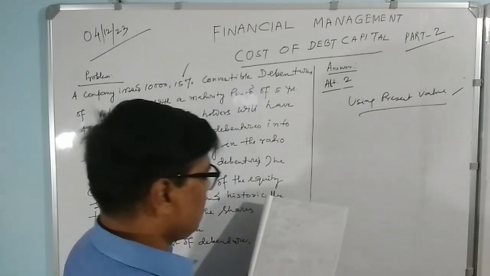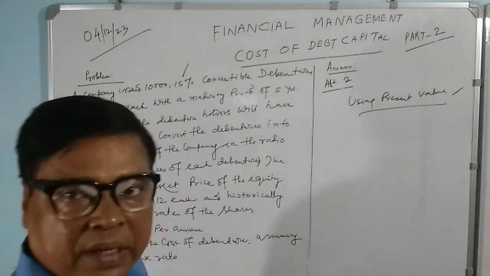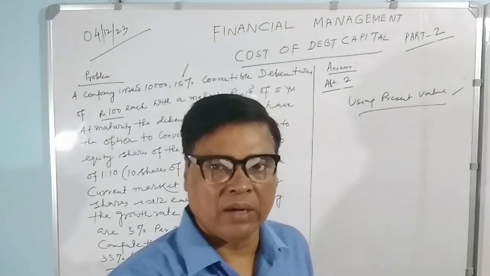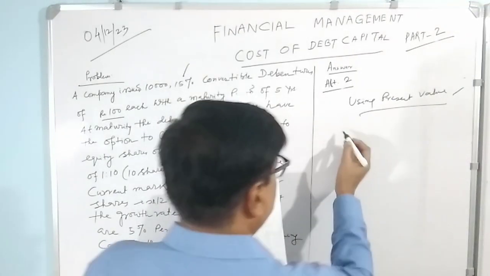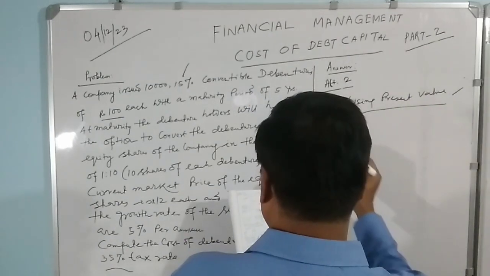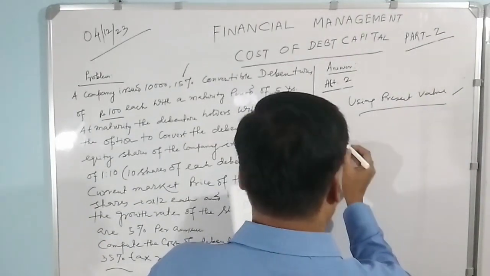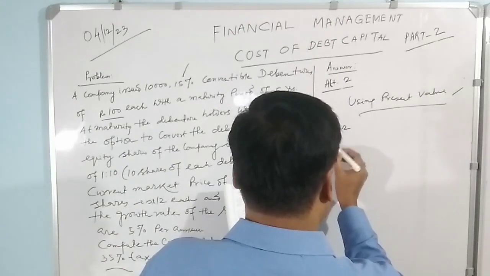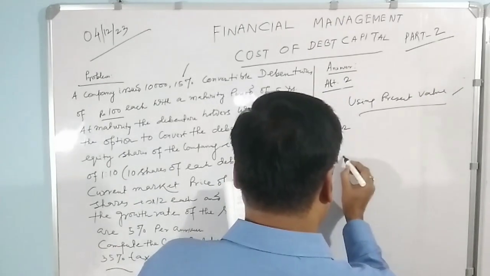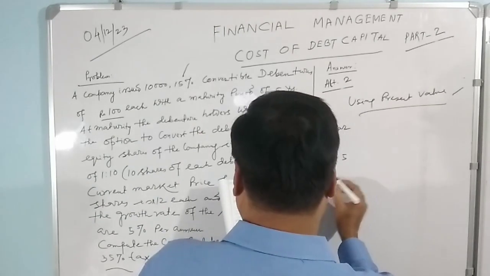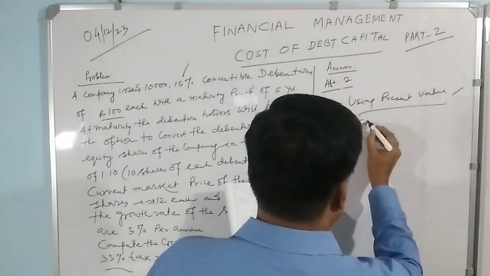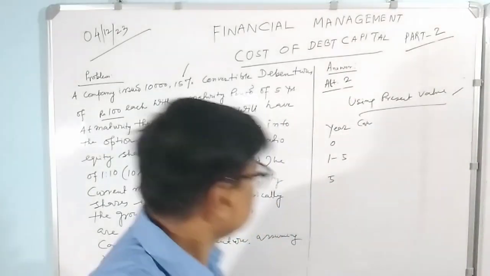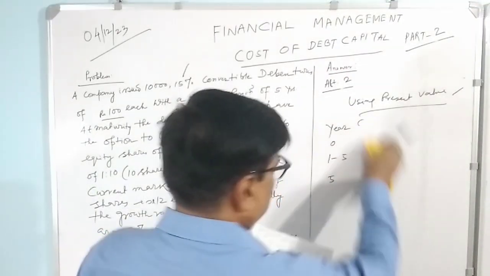First of all, we have to calculate all present values under different rates of interest. So first for calculation using net present value, you have to take it this way. This is the year 0, initial year, 1 to 5 and 5th year. Now you have to see your cash flows.